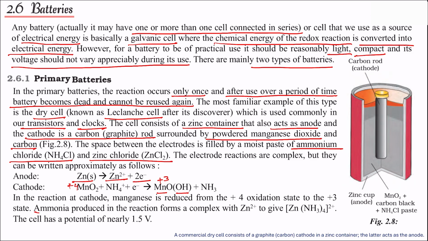This ammonia, which is produced in the reaction, will form a complex with Zn2+ ion to give tetraamine zinc ion. This cell has a potential of 1.5 volt.